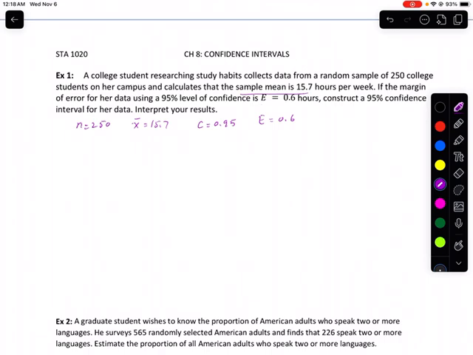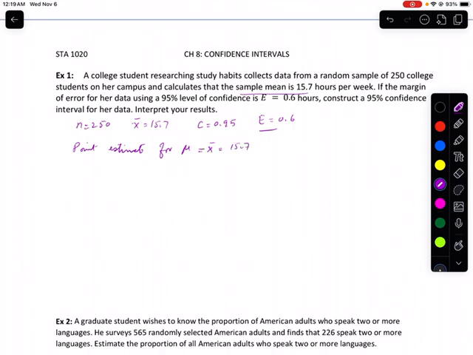Note in this problem, because we are given E, we know that the point estimate for mu is x bar, and the value is 15.7.